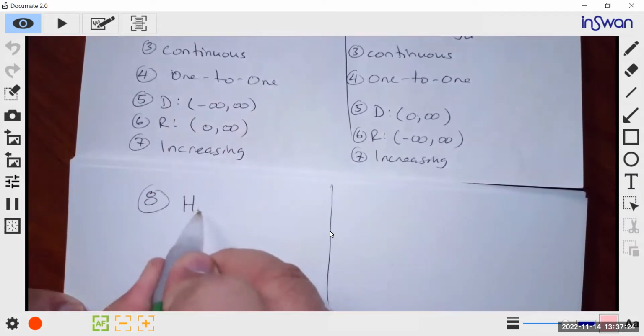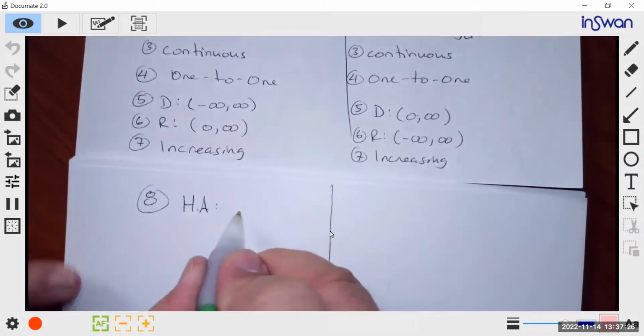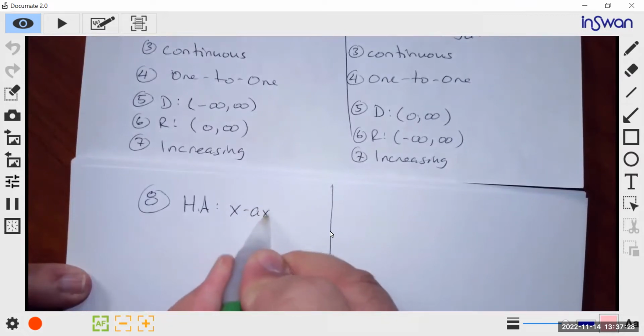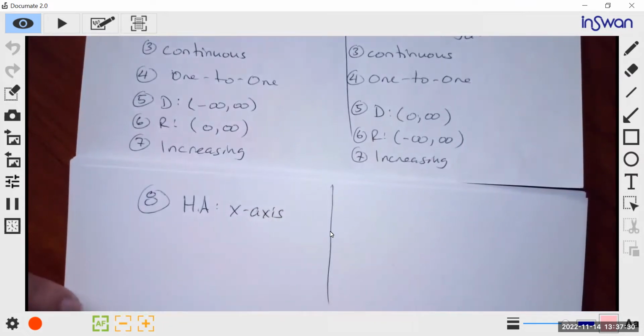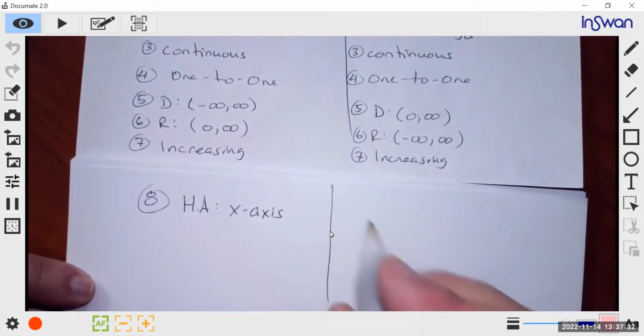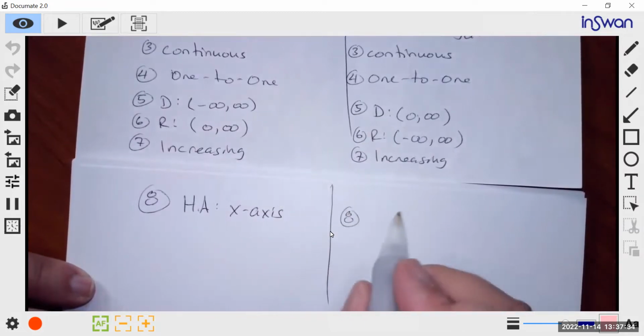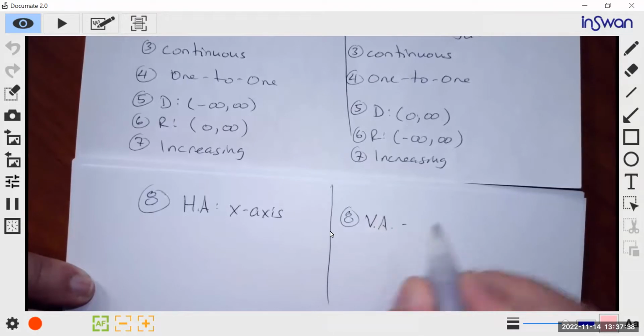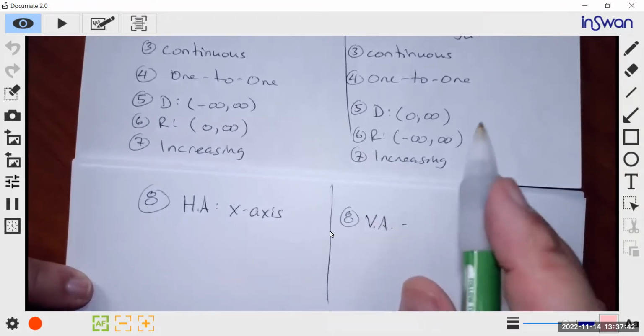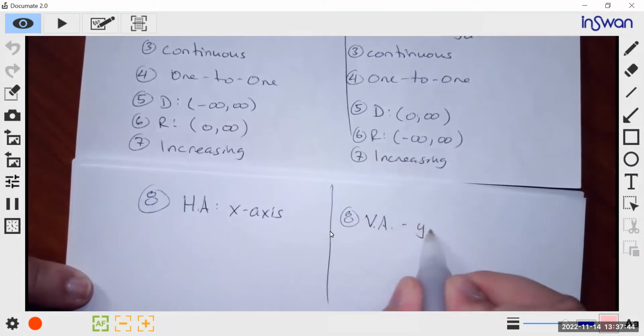The horizontal asymptote of an exponential function is the x-axis. The vertical asymptote of the logarithmic function is the y-axis.